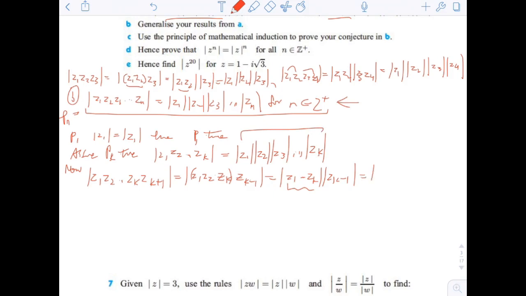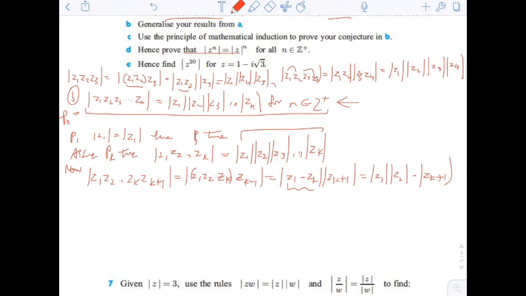So we've proven it for z1, z2, all the way to zk plus 1. Okay? So then we can say if P of 1 is true and P of k plus 1 is true whenever P of k is true, then P of n is true for all positive integers. Okay? All right.